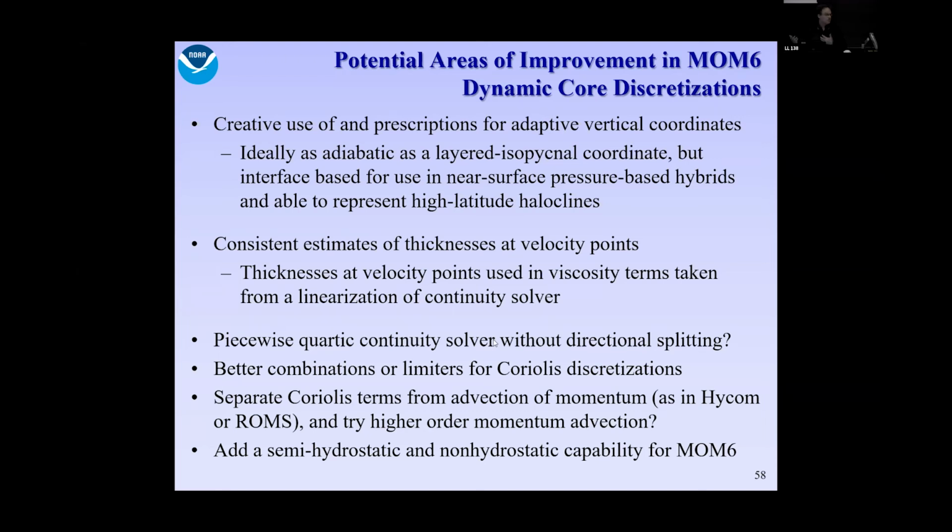So ideally, we could come up with formulations, for instance, that are as adiabatic as we are able to achieve with a layered isopycnal coordinate, but based on interface values so that you can gracefully transition to pressure-like coordinates near the surface where the stratification is weak and an isopycnal coordinate is a terrible idea, while simultaneously being able to represent oddities like the high latitude haloclines, where because of the dominance of salinity in the equation of state at cold temperatures, you have regions where the salinity dominates, and so the typical dominance of temperature in mid latitudes is flipped around.